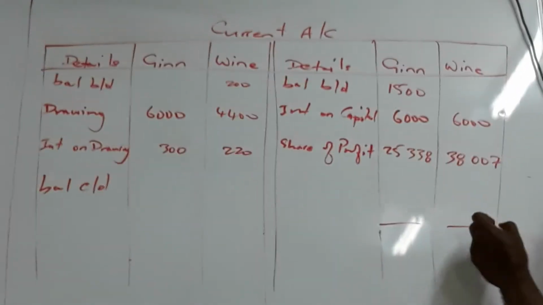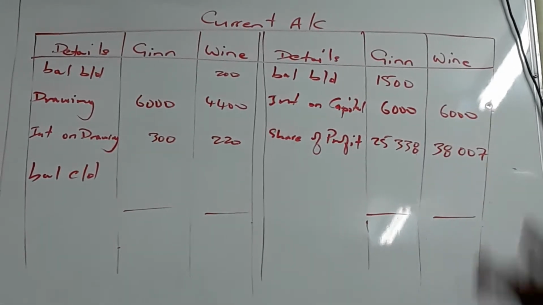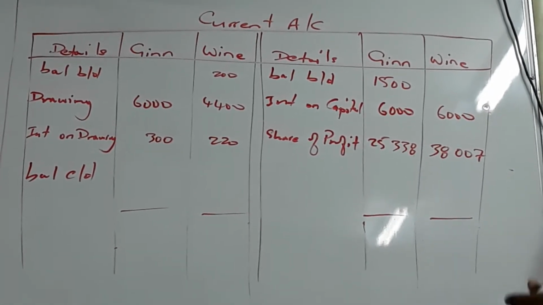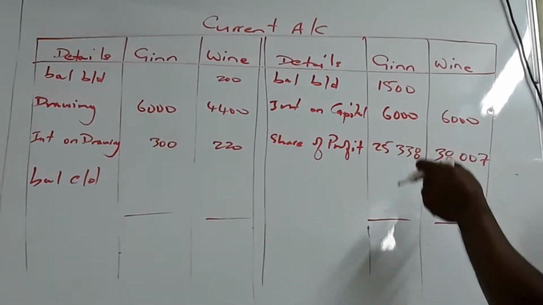So what are we going to do now? We're going to balance off our current account, just as we would have balanced off your 3-column cash book. Let's look at Gin.